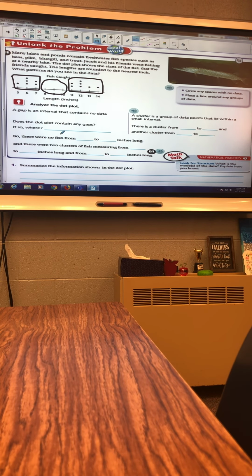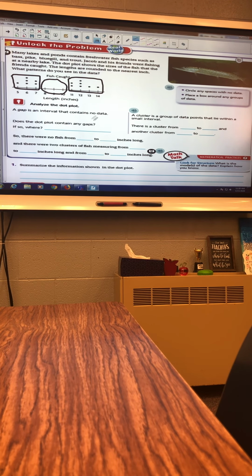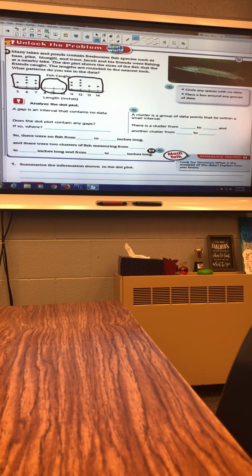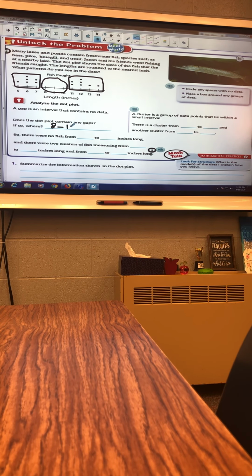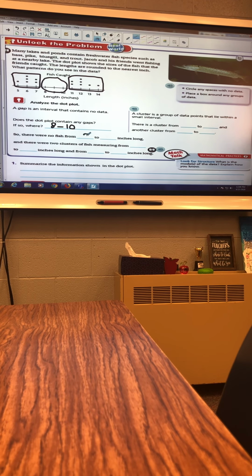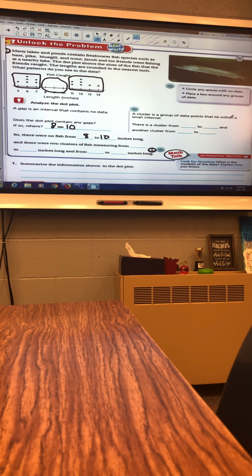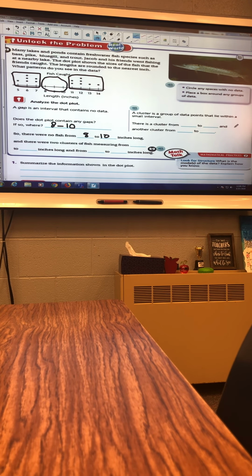All right, so a gap is an interval that contains no data. So obviously the gap is right here from 8 to 10. That means there were no fish from 8 inches to 10 inches long. A cluster is a group of data points that lie within a small interval.